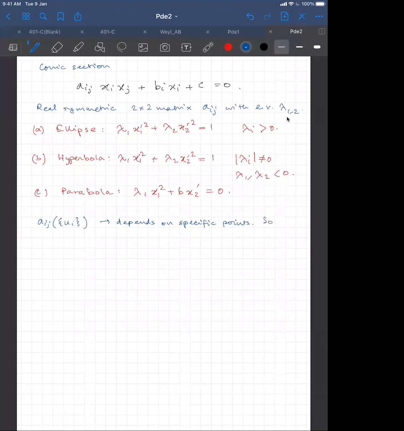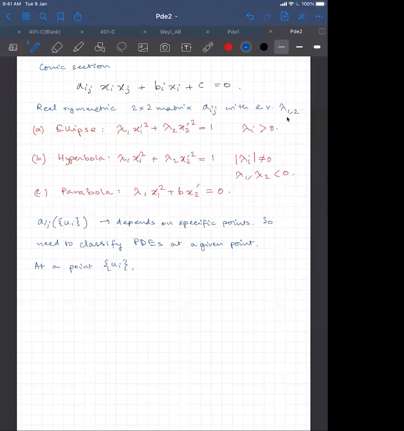So we need to classify PDEs at a given point. So suppose at a point ui, say u1 is equal to u1 naught, u2 equal to u2 naught, and so on and so forth.